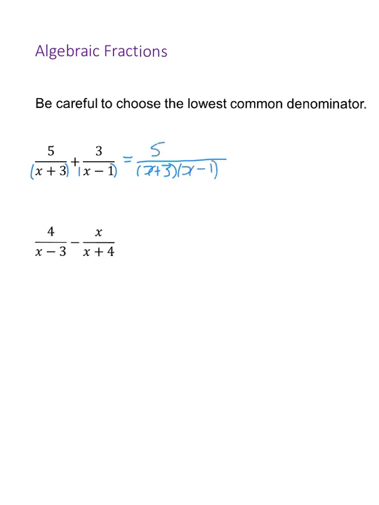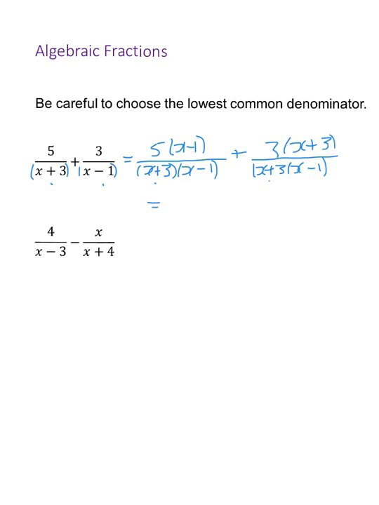On this fraction I've multiplied the denominator by x minus 1 to give me this, so I've got to do the same to the numerator, x minus 1. Plus, the second fraction is also going to have an x plus 3 and an x minus 1. The x minus 1 was already in the denominator, so I've multiplied by x plus 3, so I've got to multiply the numerator by x plus 3.